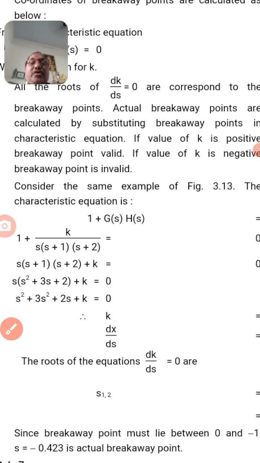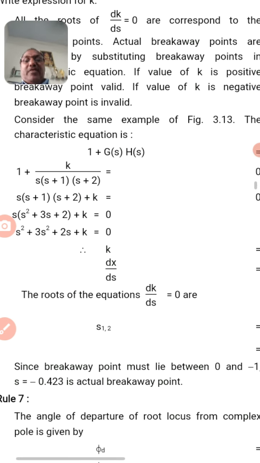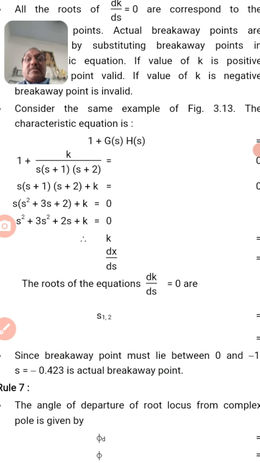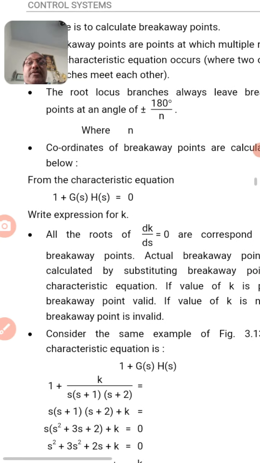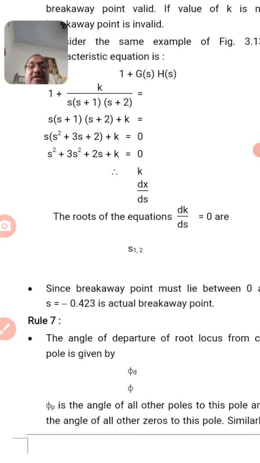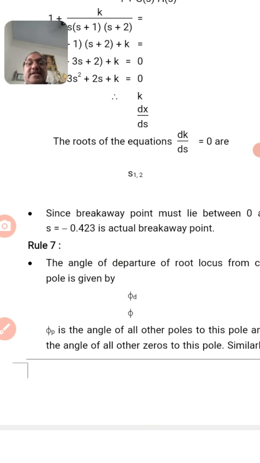So, using this, we will find the breakaway points.